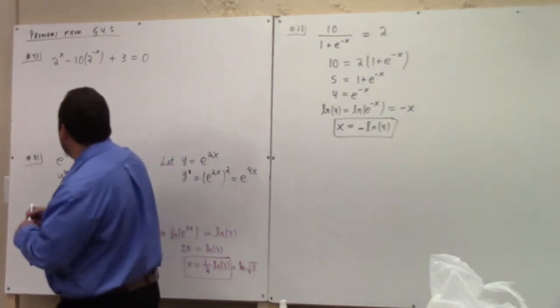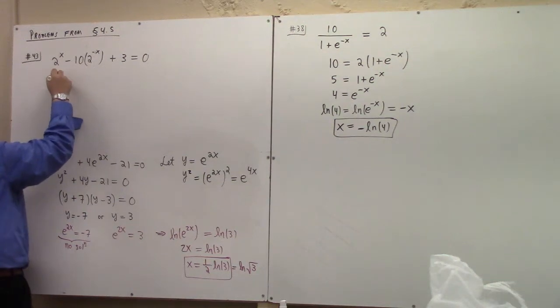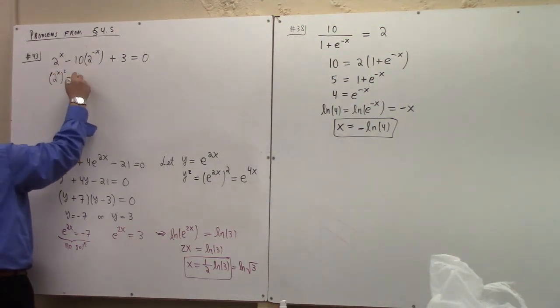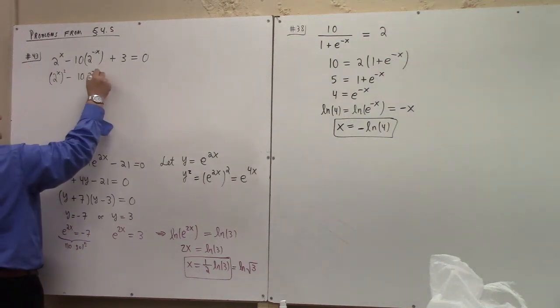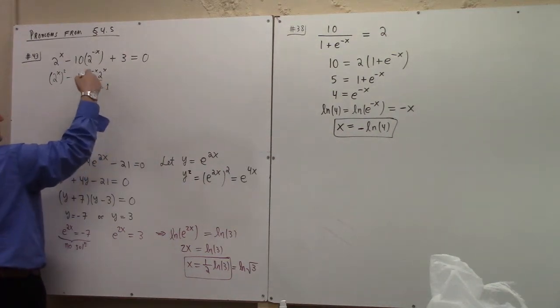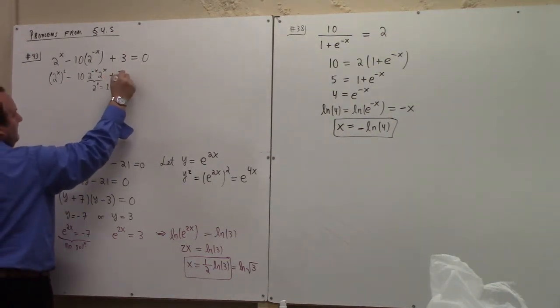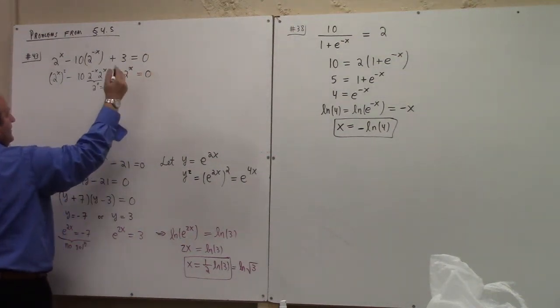If you multiply this by 2 to the x, we get 2 to the x squared minus 10, because remember, 2 to the minus x times 2 to the x is what? 2 to the 0, right? Which is 1. In other words, these cancel. So let me rewrite that.